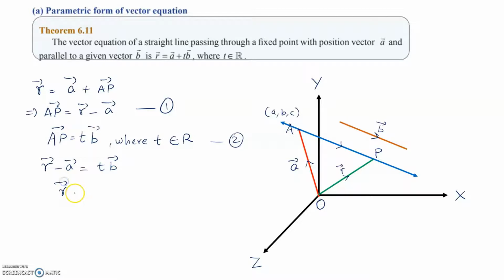So you can write this as vector R is equal to vector A plus t times vector B. So that's the equation of the straight line that we were supposed to find.